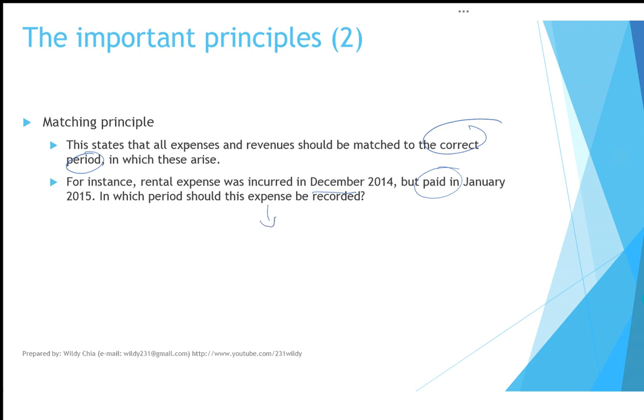The answer is that it should be recorded as an expense in December 2014, because the rental pertains to the month of December and not some other month. Which means that payment timing doesn't matter as such. You could pay later, but it doesn't matter. What matters is when the transaction or expense occurred.